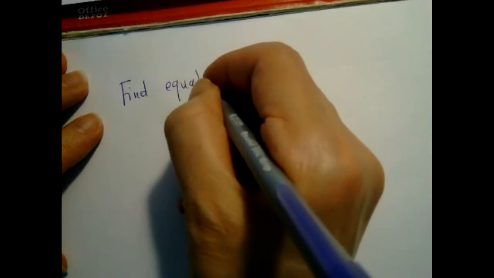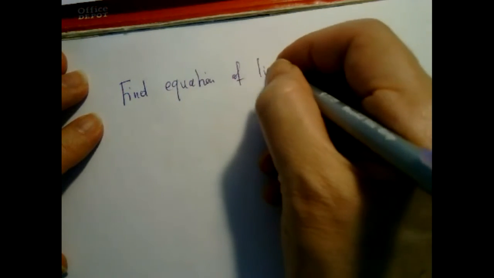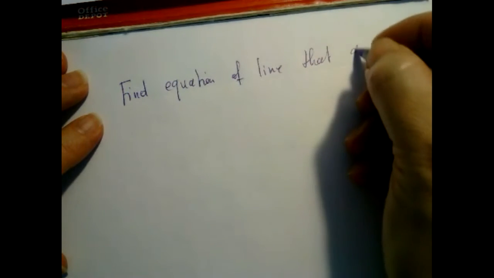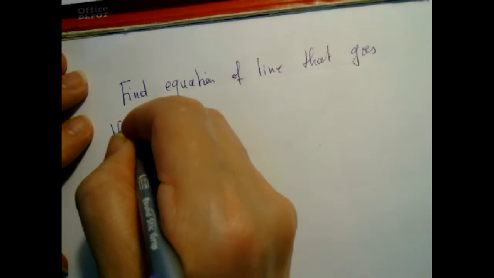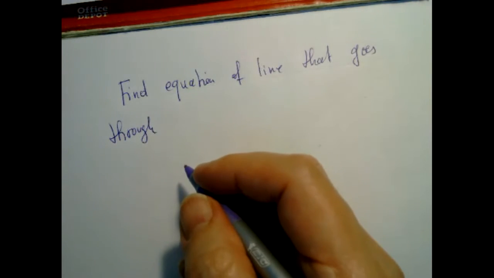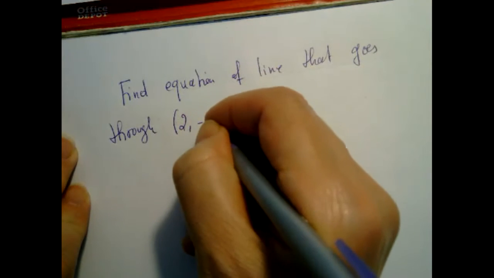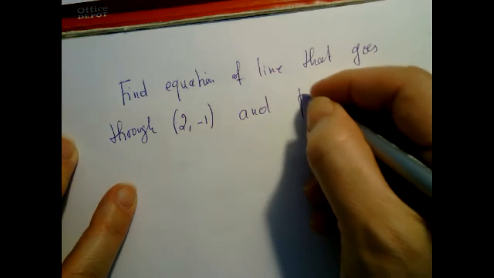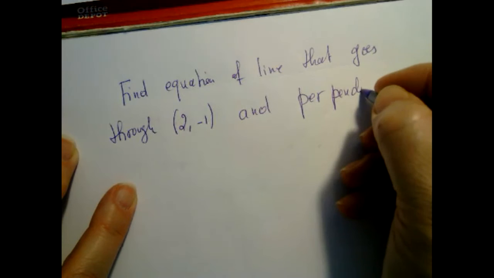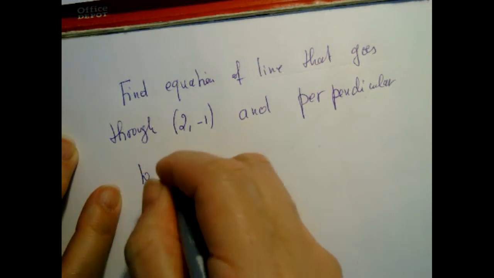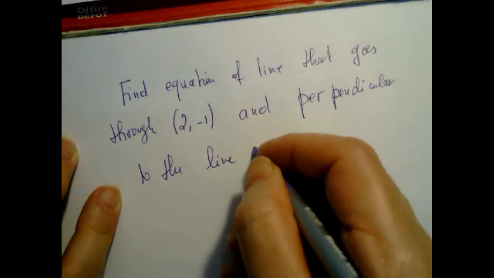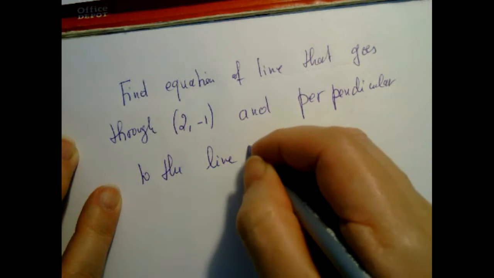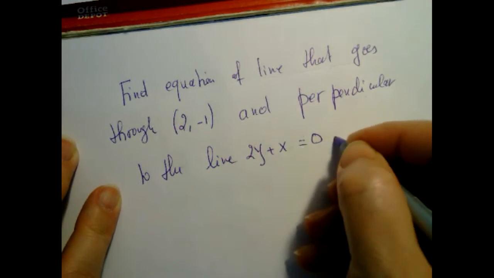So the question is, find the equation of the line that goes through a point on the line, which is (2, -1), and it's perpendicular, I'm going to use the whole word now, to the line, let us say an easy line, 2y plus x equal to 0.